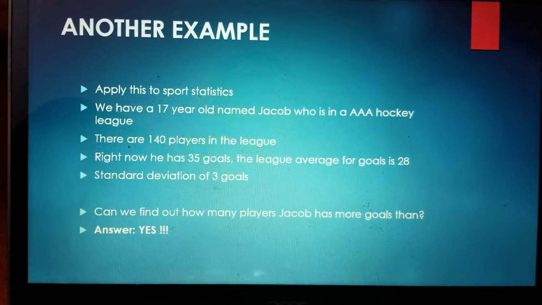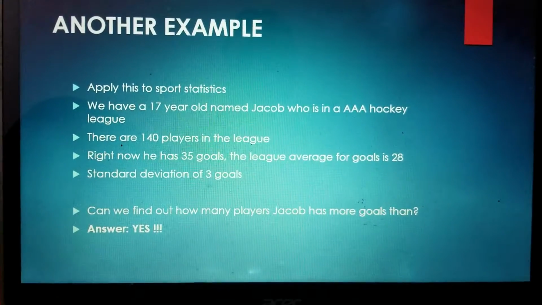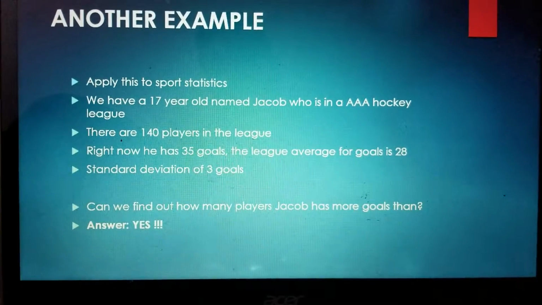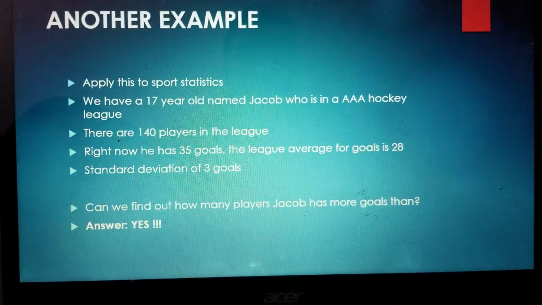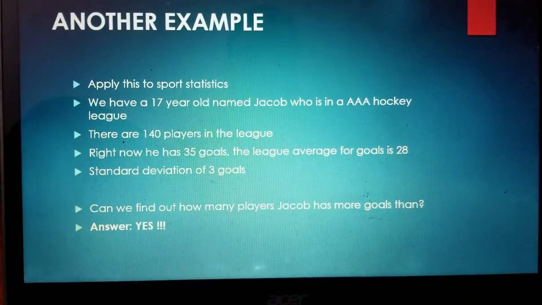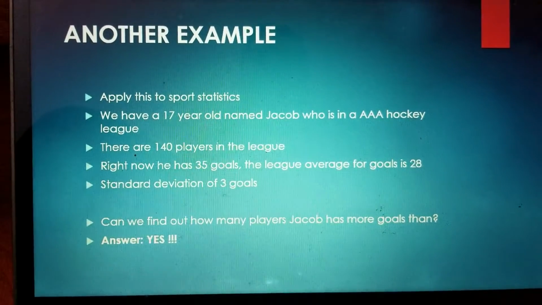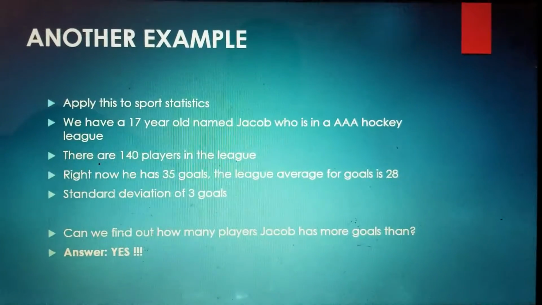Right now he's currently sitting at 35 goals, and the league average for goals is 28. So we have a standard deviation of 3 goals. Given this information, are we able to find out how many players Jacob has more goals than? Absolutely. We would do exactly what we did in the previous example, and we can apply this to something like sports and see how Z-scores can be used for multiple purposes.